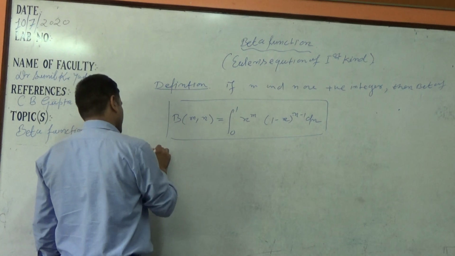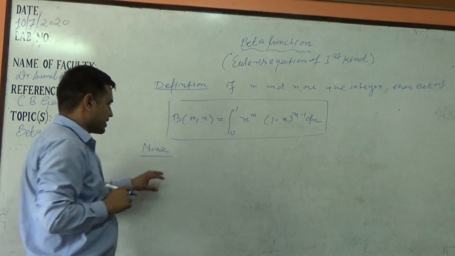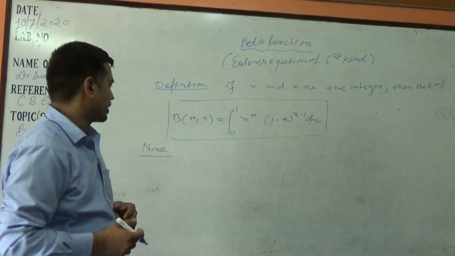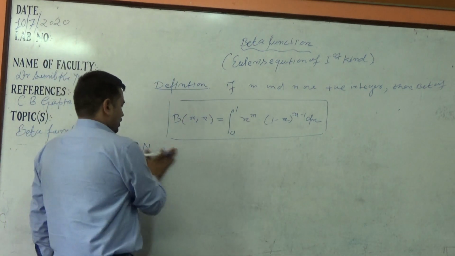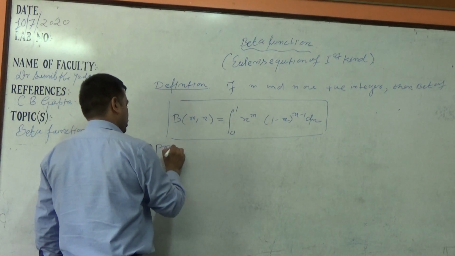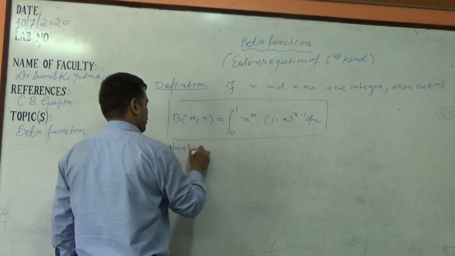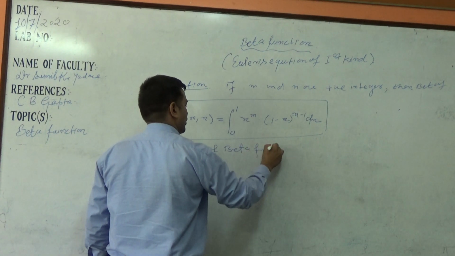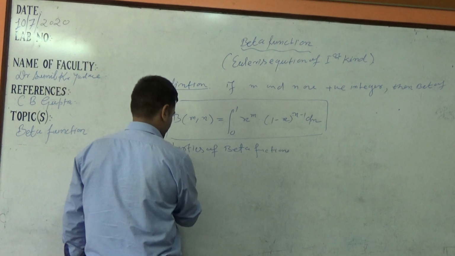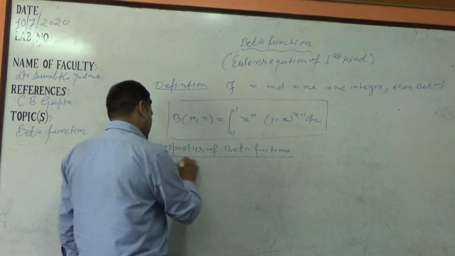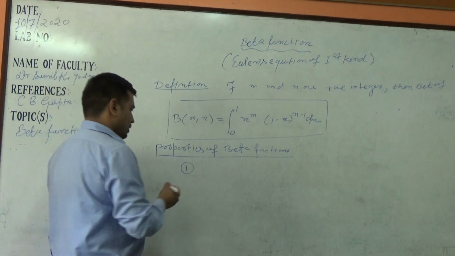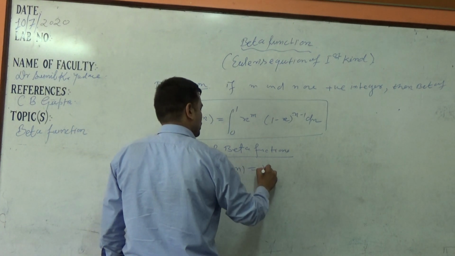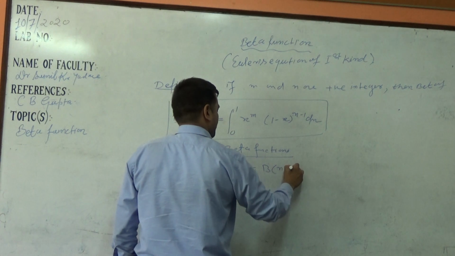Now we want to discuss some properties of beta function that are very useful in the numerical problems. Properties of beta function. First property is beta of m, n is equal to beta of n, m.